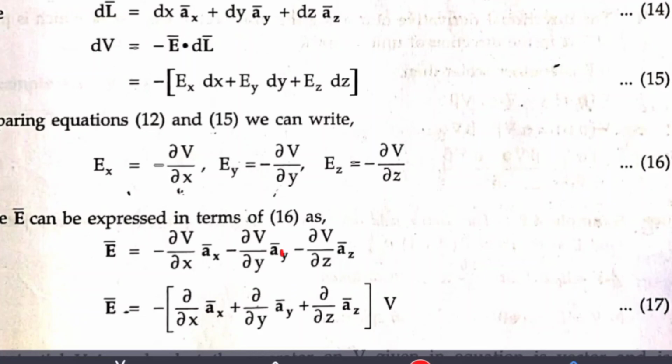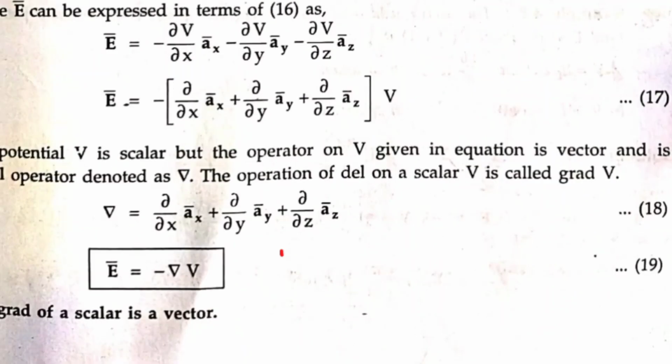V is a scalar, but the operation on V given is a vector. That is, a del operation on a scalar, partial differentiation, becomes a vector. The potential V is a scalar, but the del operator on V gives a vector, and it is called del operator, denoted as del. The operation of del on scalar V is the gradient of V. This formula is very important.